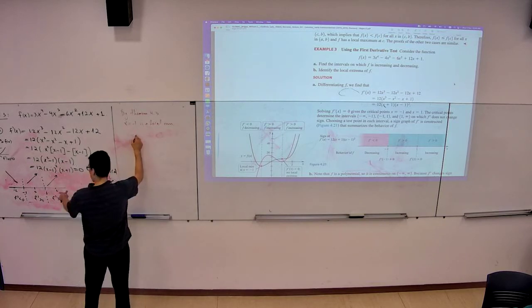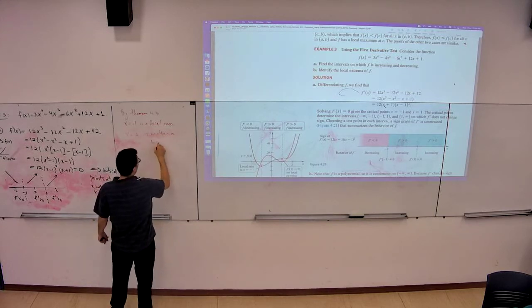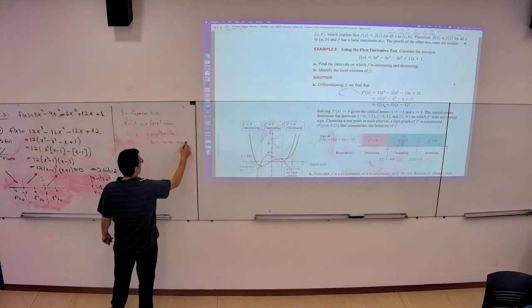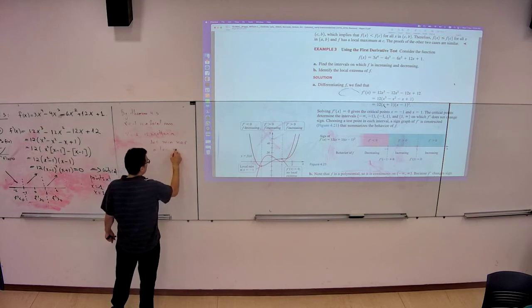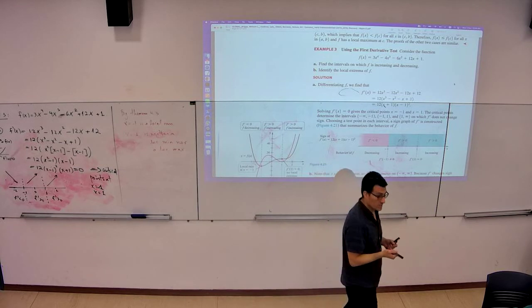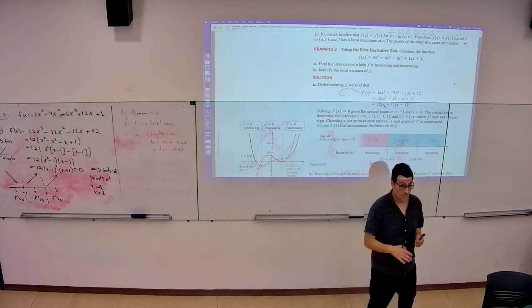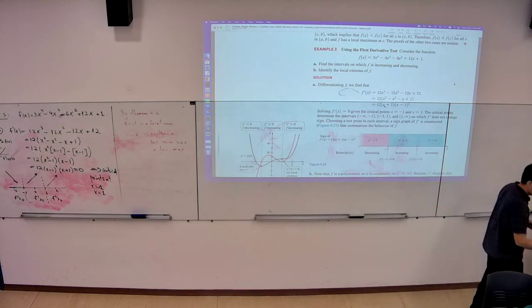x equal 1 is neither a local min nor a local max. It's not a local minimum, not a local maximum, because the derivative doesn't change sign. It's falling to the left and to the right.